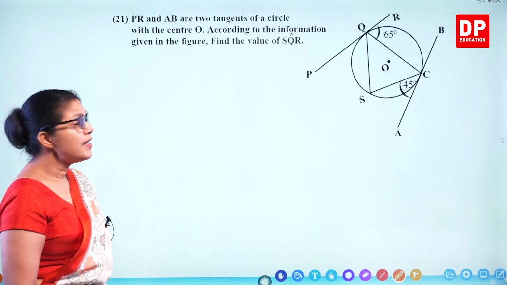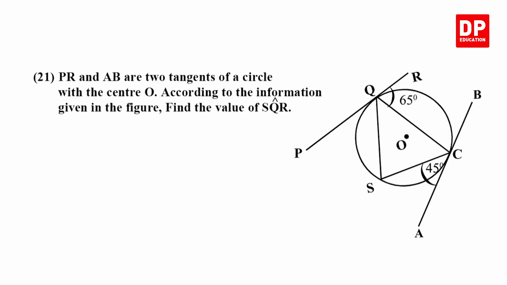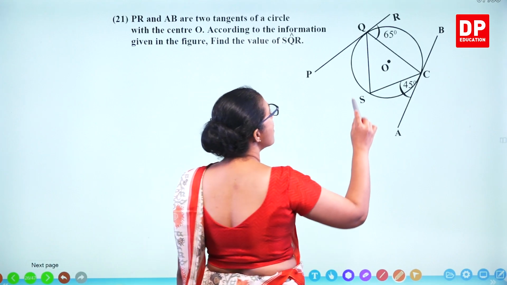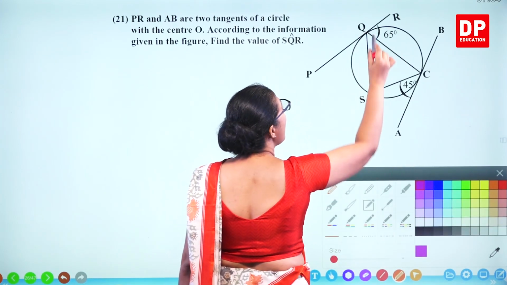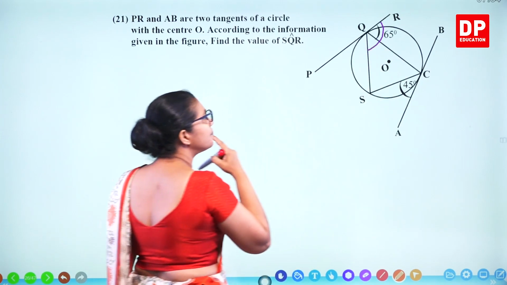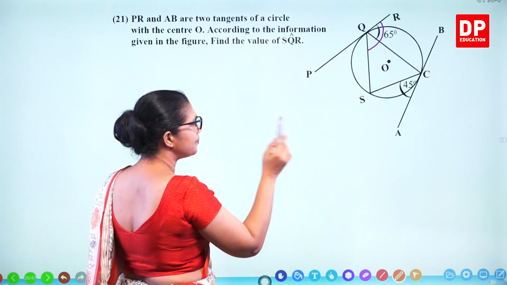Question number 21. PR and AB are 2 tangents of a circle with the center O. According to the information given in the figure, find the value of SQR. SQR is this big angle, this whole thing. How do we find that?